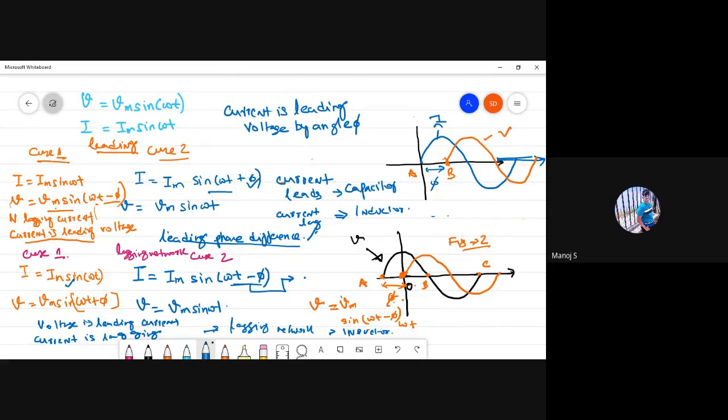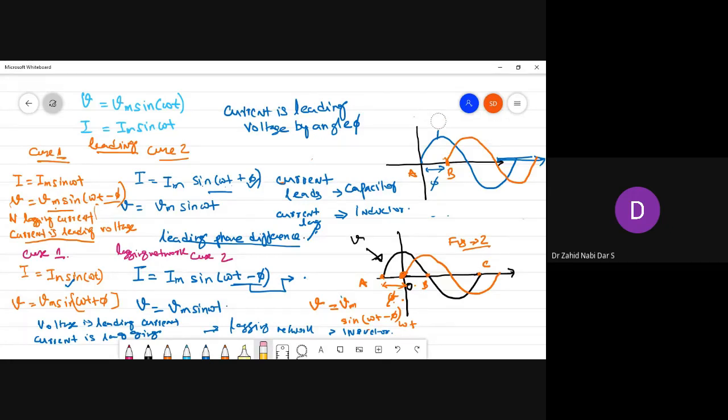Sir, can you show that figure for current leading? Okay, I can draw one more figure. For current leading and current lagging, see, this is Im sine omega t plus phi. I will change the same figure.